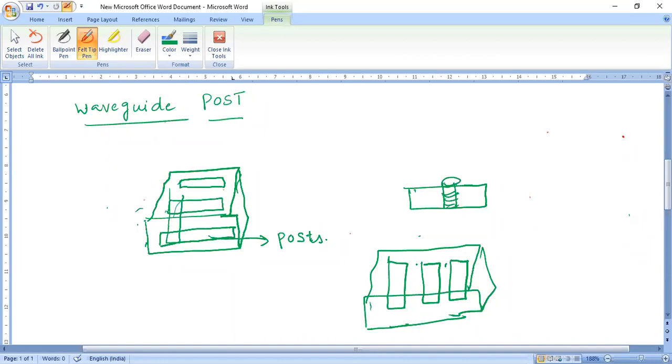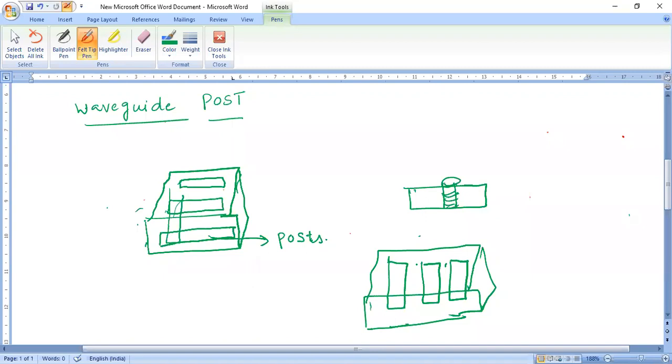Generally, this waveguide post is used. Think of a check post, I think you have seen one. A bar is placed, and the vehicles cannot move after showing something. So here also, the bar is the post. What is this bar? A metallic sheet placed across the walls of the waveguide. Its direction will tell you whether to add inductive or capacitive susceptance.